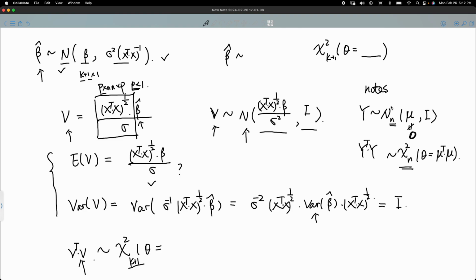In contrast to what the professor showed in the lecture, when you center so that mu here equals 0, the chi-square distribution that you derive is going to be a central chi-square, without this parameter anymore. That is the key difference. I'm not sure if that makes sense. Okay, good.